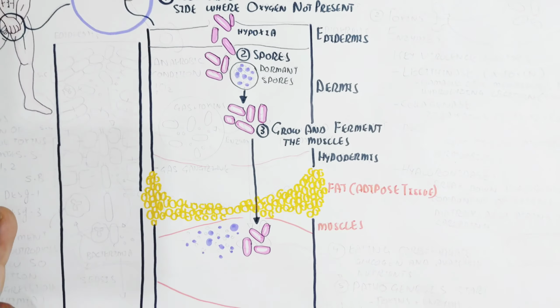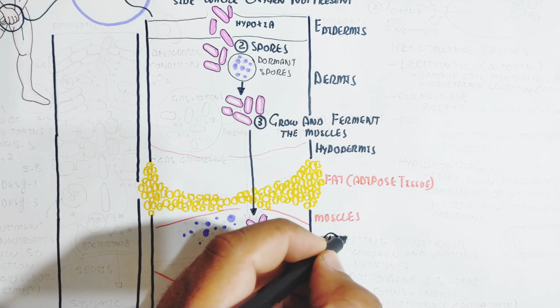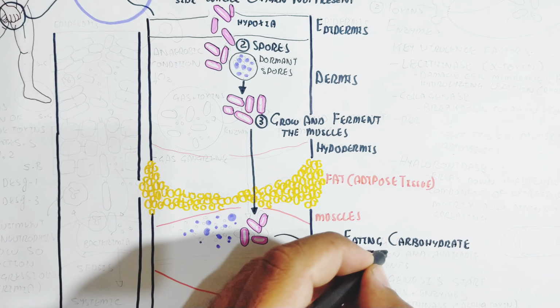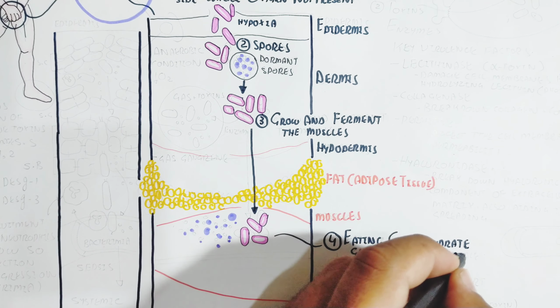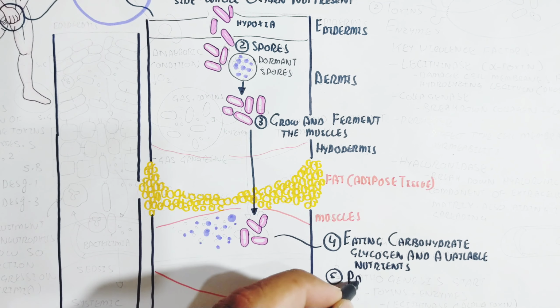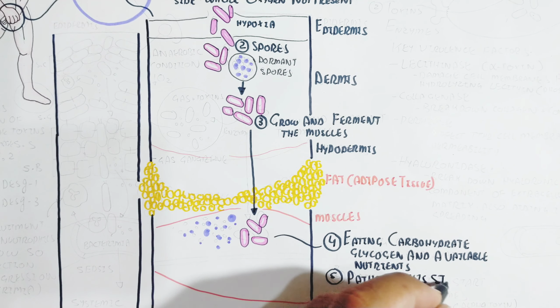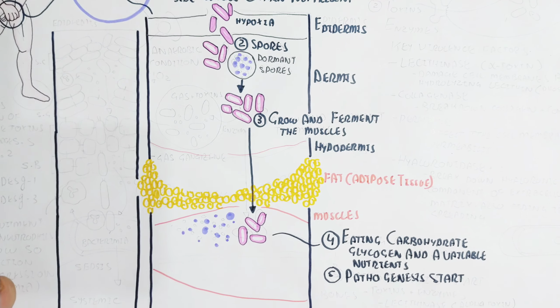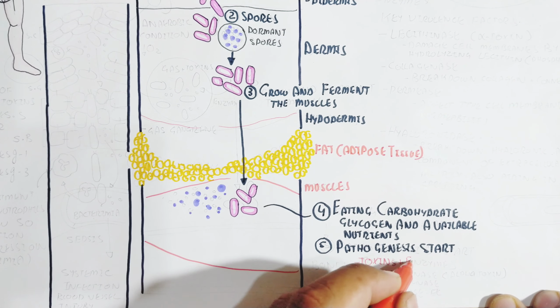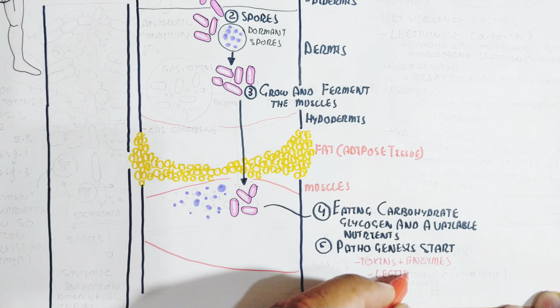This production of gas by the anaerobic Clostridium bacteria produces toxin and gas due to the hypoxic condition, and anaerobic fermentation leads to a sensation of cracking when you press the injured site of the gangrene. Number four, eating carbohydrate, glycogen and available nutrients.